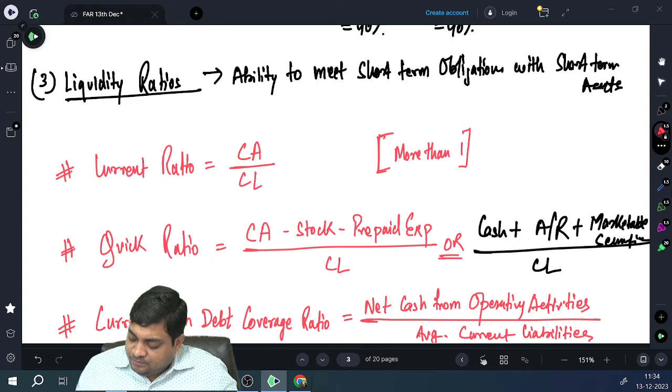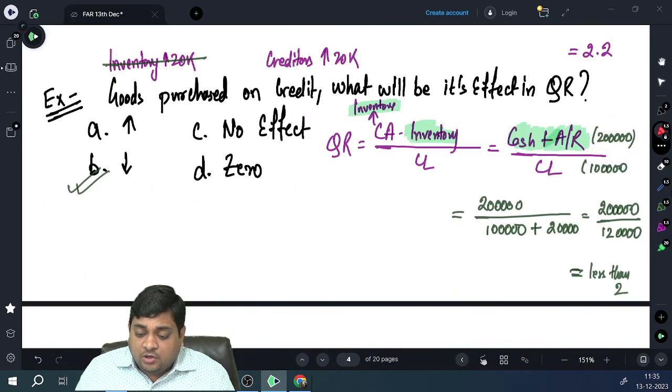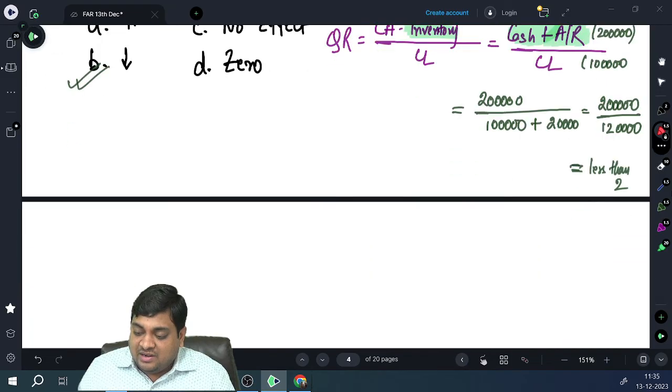Right? So we have talked about profitability ratios, we have talked about activity ratios, we have talked about liquidity ratios. Now we'll be talking about some solvency ratios, right?